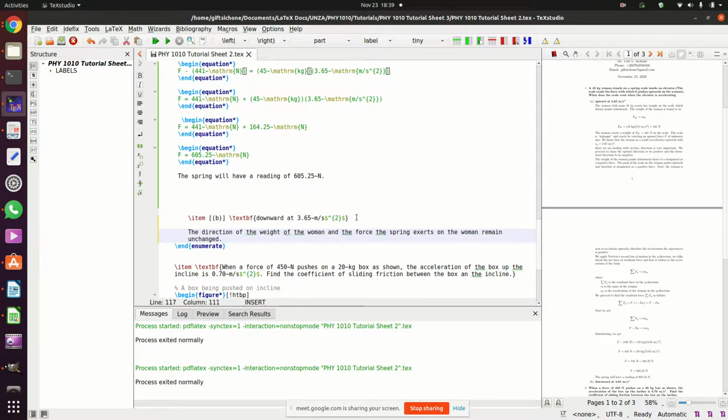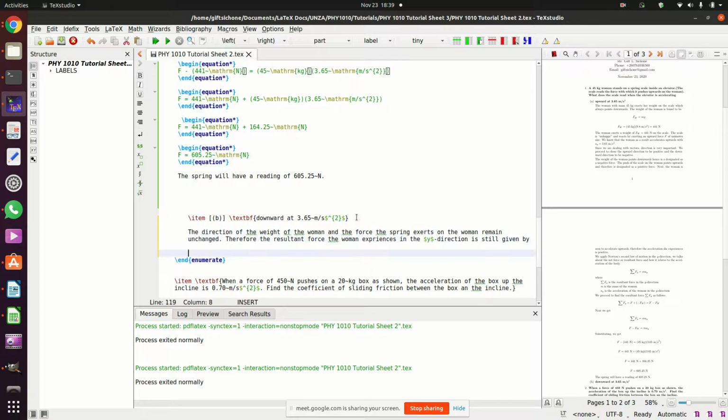Therefore, the resultant force the woman experiences in the y direction is still given by this.